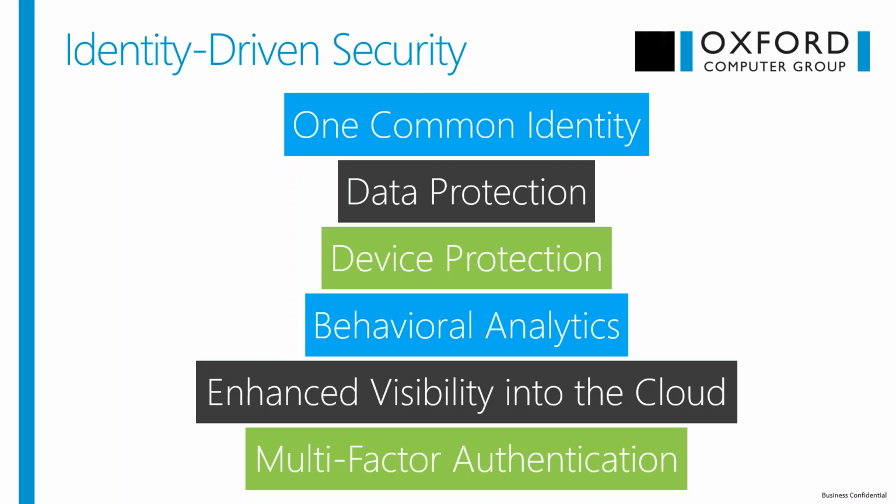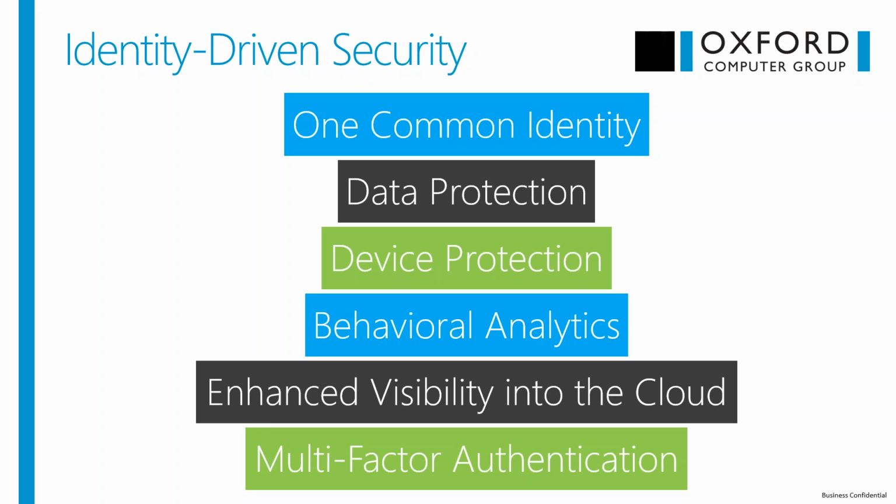With Office 365 and Enterprise Mobility Suite, we're looking at using one common identity, offering single sign-on to various different applications within your organization, whether they be SaaS-based apps or other apps. That one common identity is a very easy thing for end users to control. They're only in charge of one username and password.